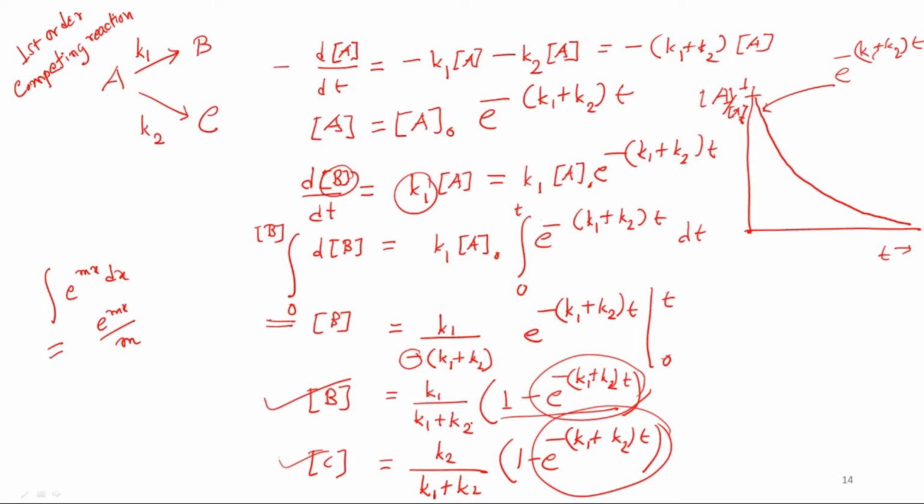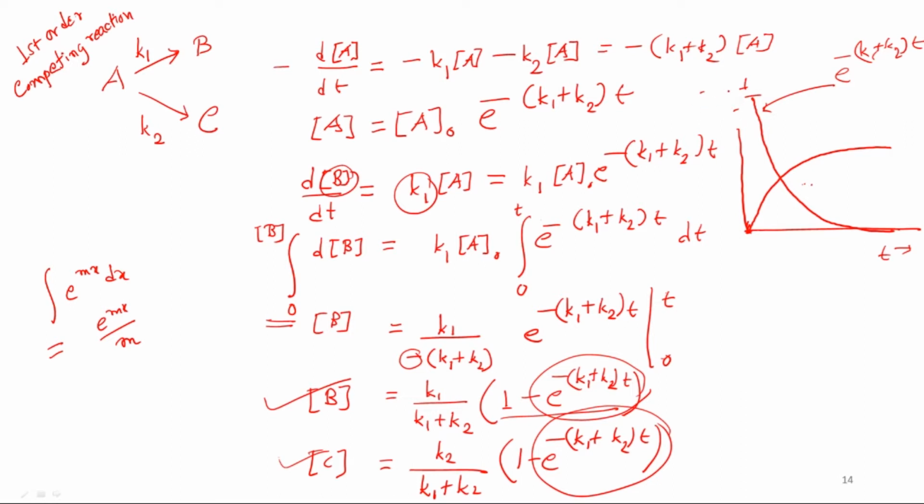When the entire A has decayed, let me just draw the A curve once again. It will be much steeper, so it decays much earlier, and then A gets converted into B, and A also gets converted into C. Let me just draw it once again.